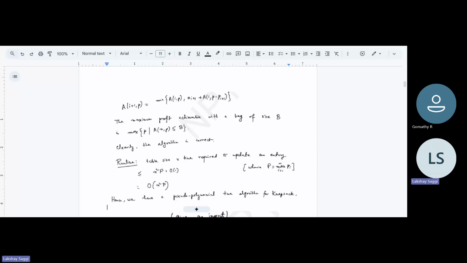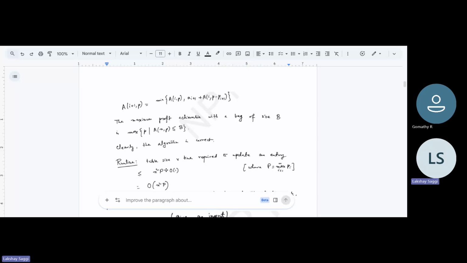It will be just the maximum profit which one can accumulate. And what's the maximum profit which one can accumulate? If the maximum profit of any item is, let's say, capital P, and there are n items, then n times P is the maximum profit which one can accumulate. So the table size is n multiplied by n times P.